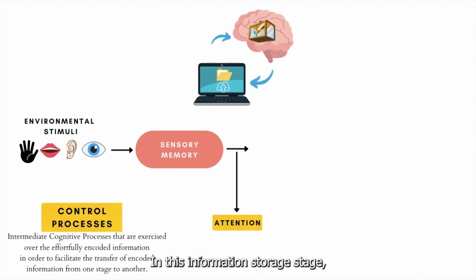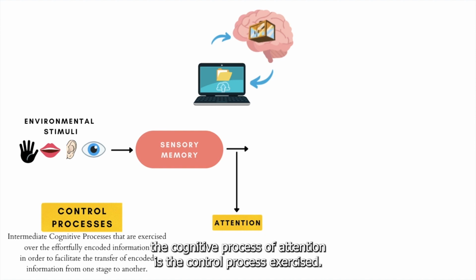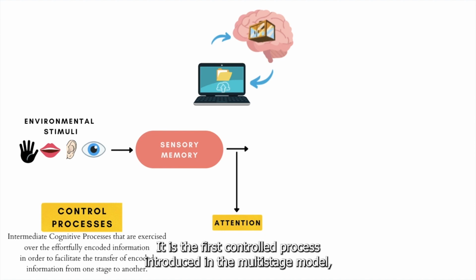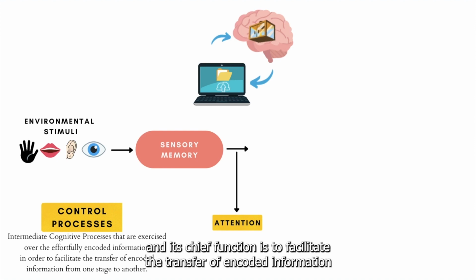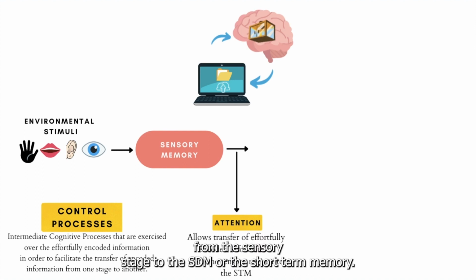In this stage, the cognitive process of attention is the control process involved. It is the first control process introduced in the multi-store model, and its chief function is to facilitate the transfer of encoded information from the sensory stage to the STM or short-term memory.